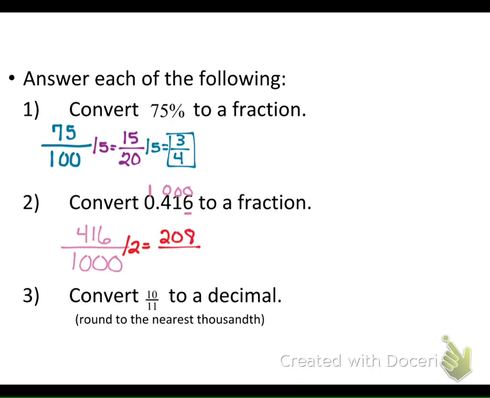And what's 1,000 divided by 2? 500. Am I done? Nope. Now what are they both divisible by? 2 again. What's 208 divided by 2 equal? 104. And then what's 500 divided by 2 equal?